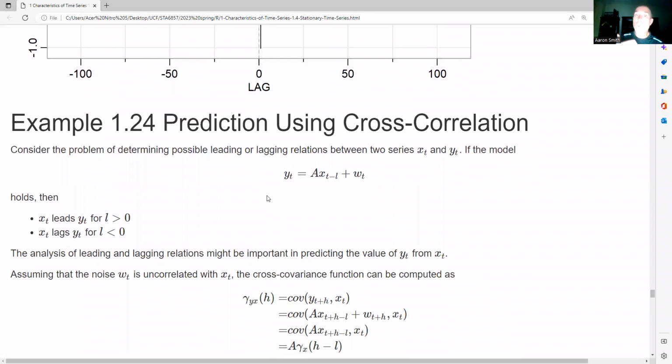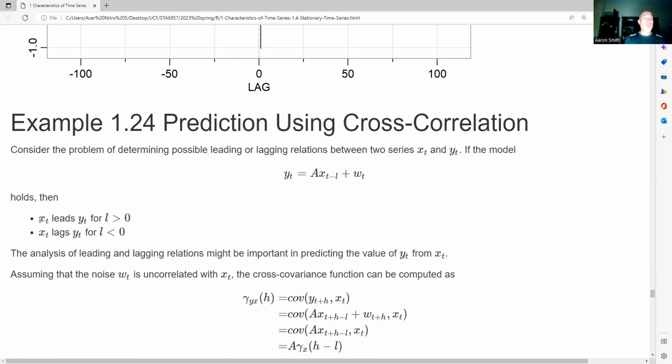All right, now we can use cross correlation to do predictions. Let's say that I have 2 time series. I know a relationship between them. If I know one value, I can predict the other one. That's the idea of what we want to do here. Here is a possible model: y is a constant times another time series plus a random term.